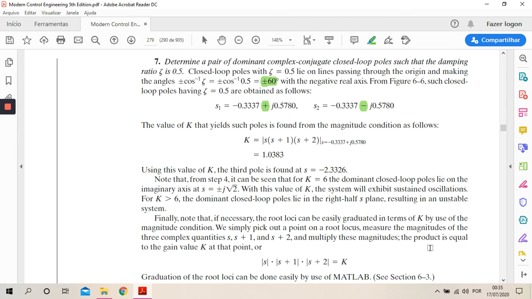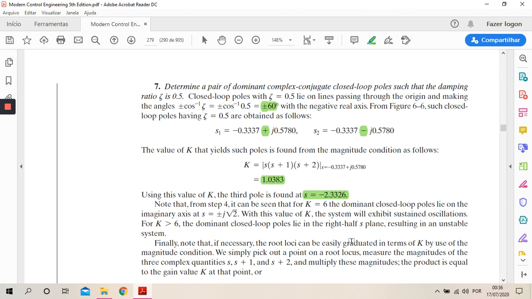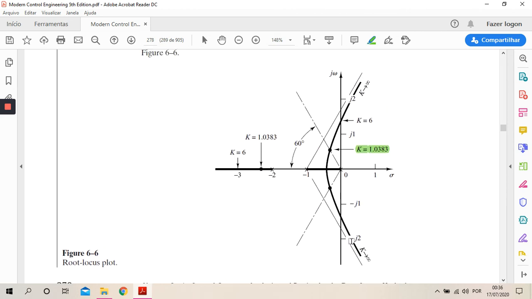If you substitute s by one of these complex conjugate poles, we find a gain of 1.0383. Using this value of k, the third pole is found at s equal to minus 2.3326.